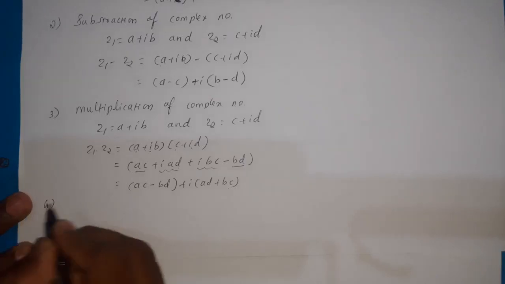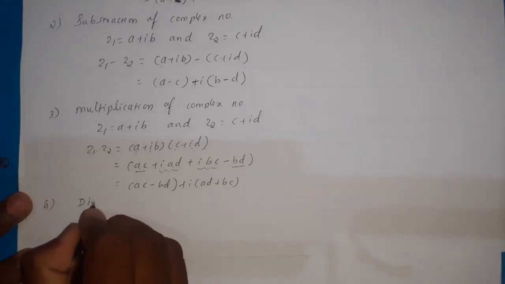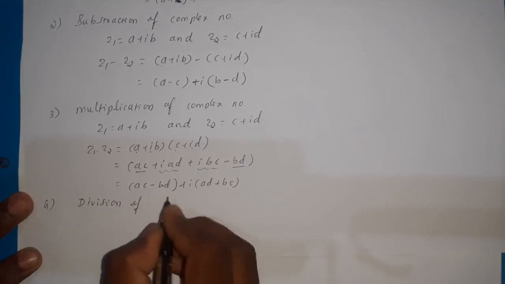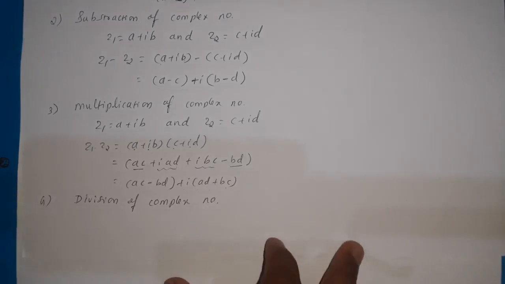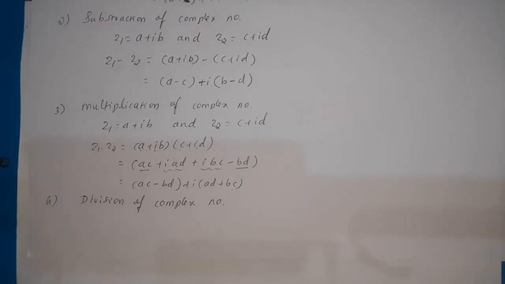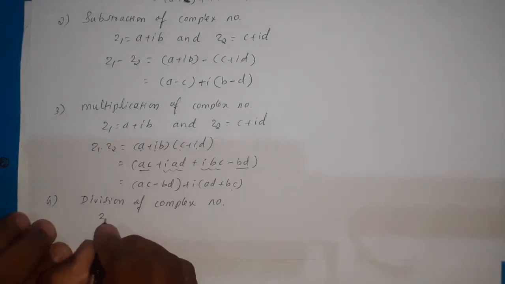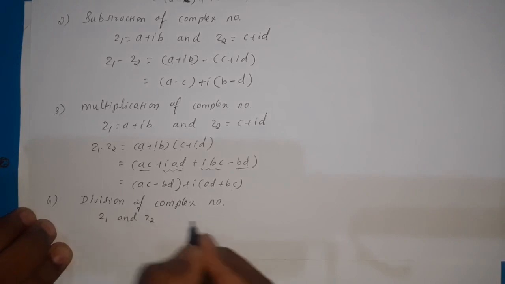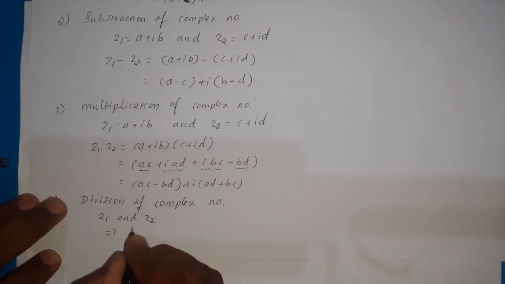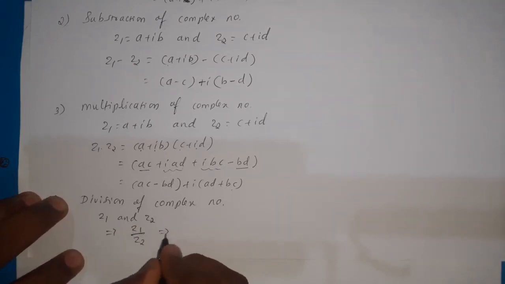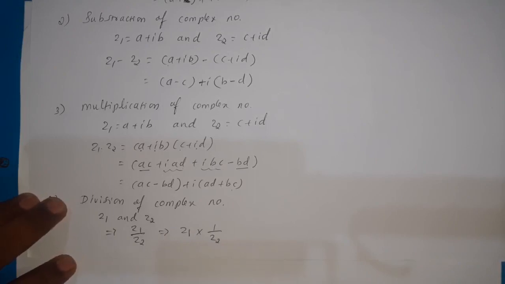Then the fourth one is division of complex numbers. So here actually we are not going to divide the two complex numbers. Division of complex numbers means, suppose z1 and z2 are two complex numbers. Now if we need to divide z1 by z2, it implies that we are multiplying z1 by the multiplicative inverse of z2.